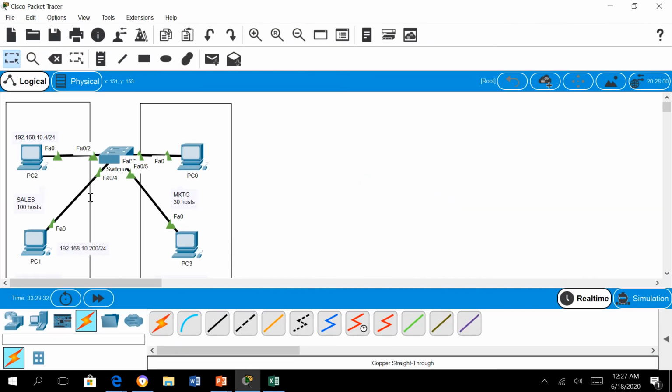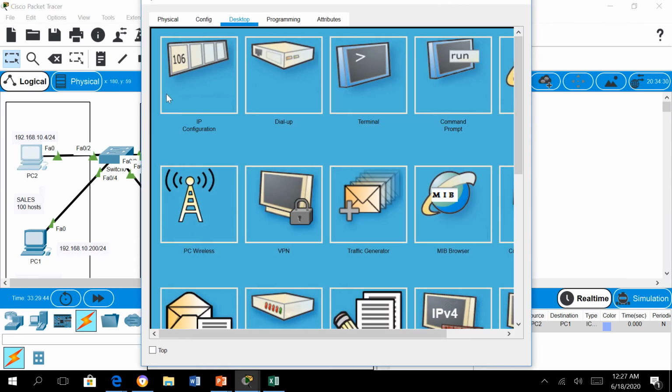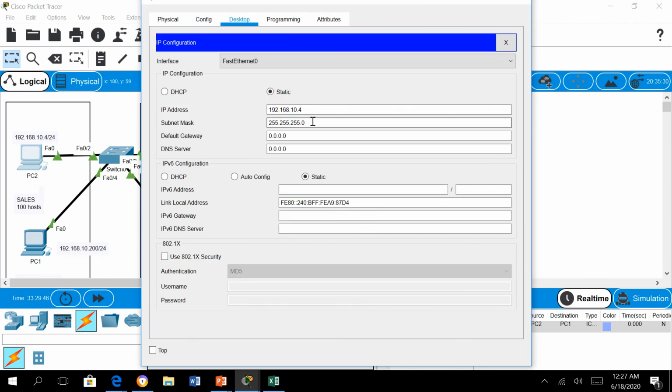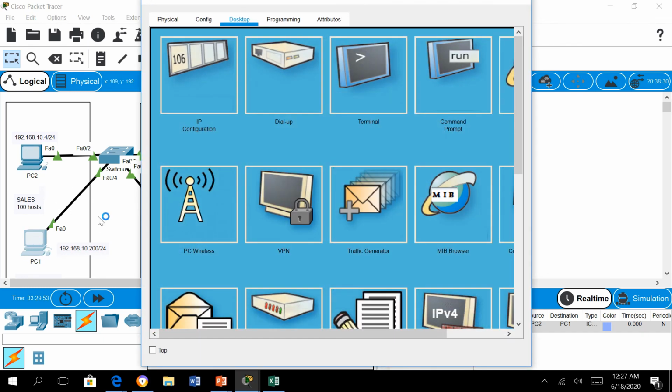So we ping. There's a part here where you can send data from one PC to the other. If you notice, it's successful. Now we change the subnet mask. We make it slash 25. Again, slash 25 is 255.255.255.128.